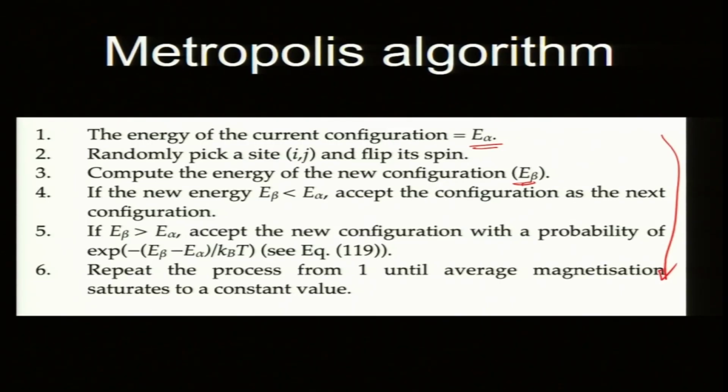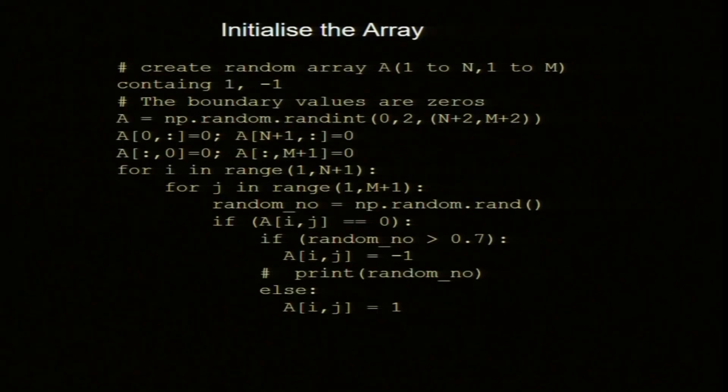If E beta is greater than E alpha, then accept the configuration with this probability. So you get the next configuration. After that, repeat the loop. Keep doing it until your average magnetization saturates. Saturation means my system has basically reached equilibrium. So, this is the code.